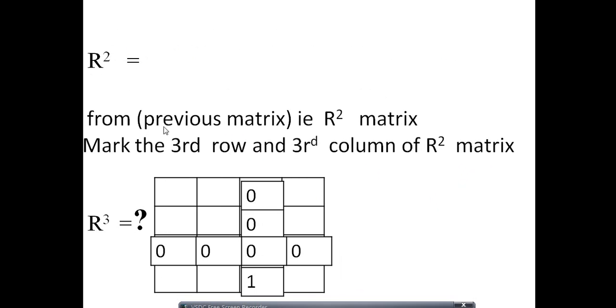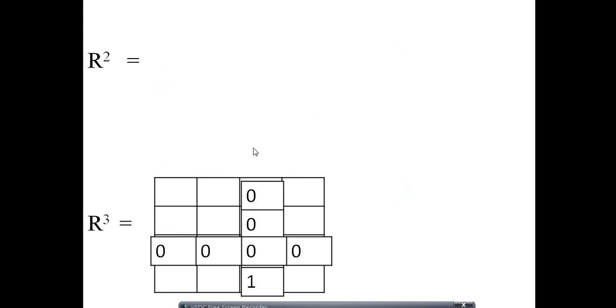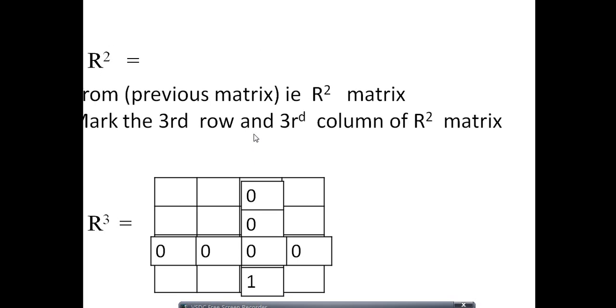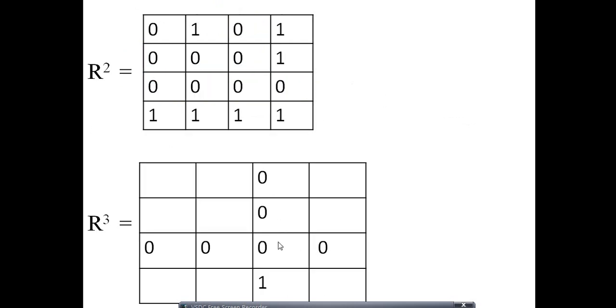From the previous R2 matrix, mark the third row and third column. Marked, write it as it is. Written. Now find where previous ones are there.